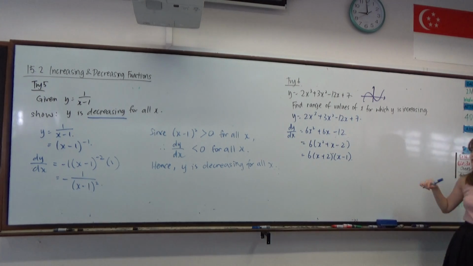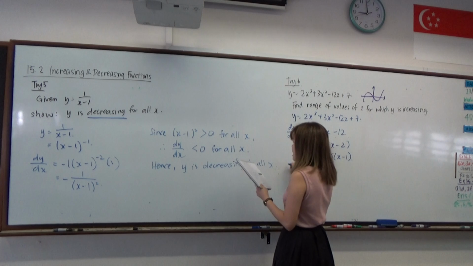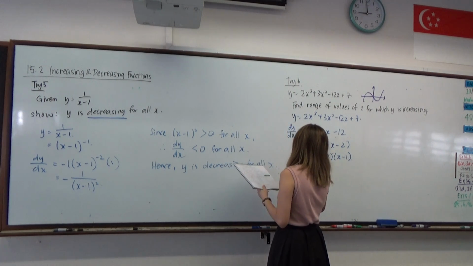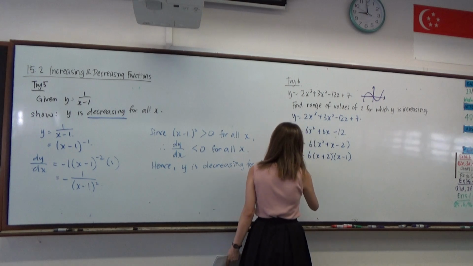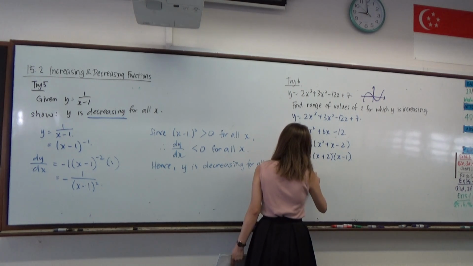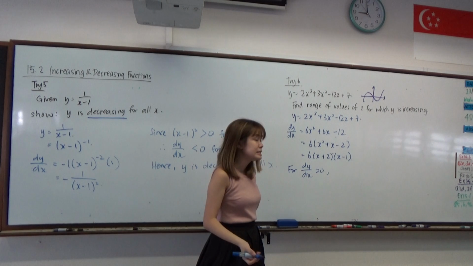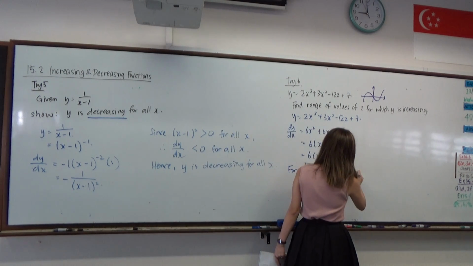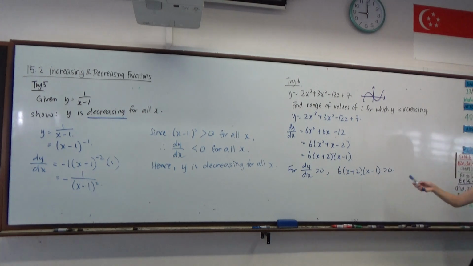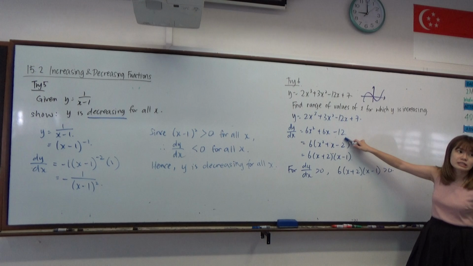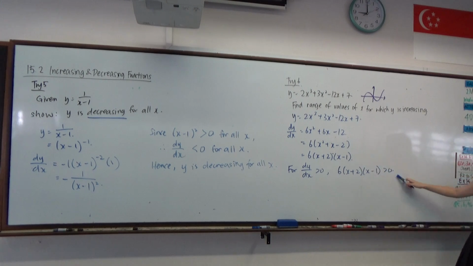The reason why I'm factorizing it is because we are looking at dy over dx more than 0. So that means that our 6 times x plus 2 times x minus 1 will be more than 0. Okay, so this goes back to our very first chapter in A Maths whereby we learned about quadratic inequalities. Remember that? Because this is a quadratic expression, factorize it, then more than 0.